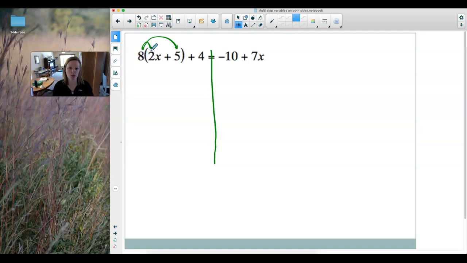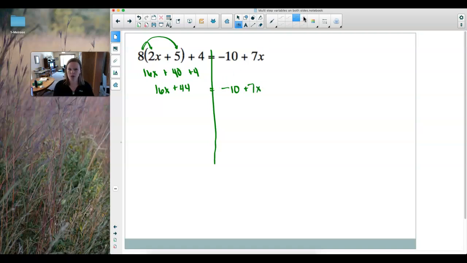We're going to distribute the 8 to the 2x, which is 16x, plus 8 distributed to the 5 is 40, plus 4. Then combine like terms. 40 plus 4 is 44, so we have 16x plus 44 equals, there's nothing on the other side to simplify, so negative 10 plus 7x.